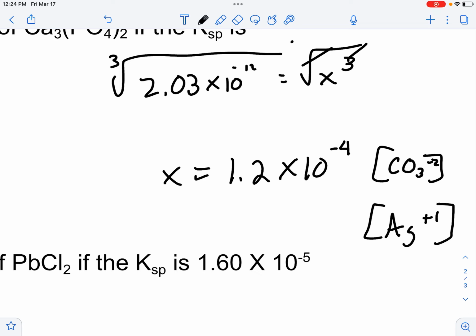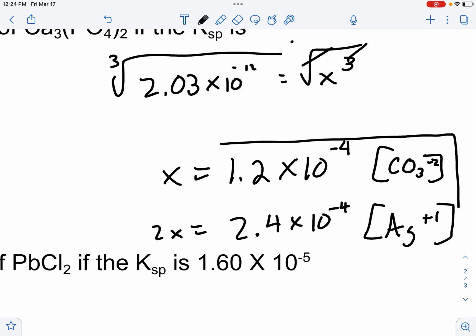You're going to take this value and you're going to times it by 2. So 1.2 times 10 to the negative fourth becomes 2.4 times 10 to the negative fourth. All right, so that essentially equals 2x.